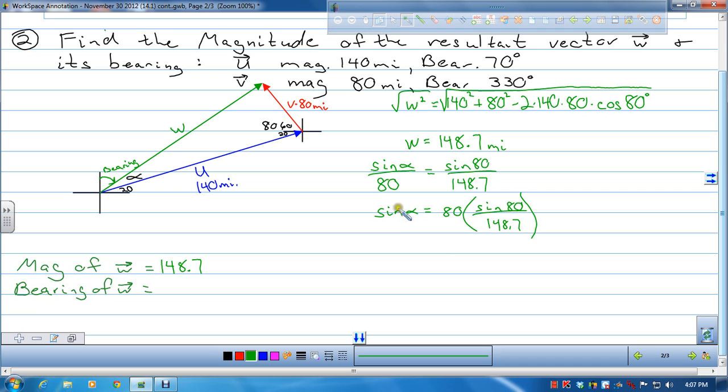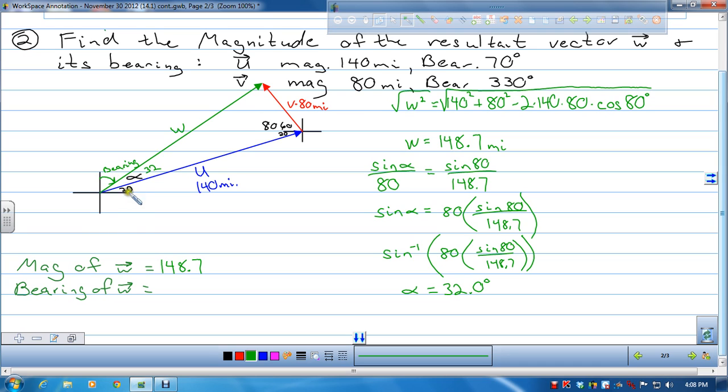As you type this into your calculator, remember I'm looking for alpha, which means I need to use the inverse sine in my calculator. Inverse sine of 80 times sine 80 over 148.7. If you type that in exactly how it's seen, that alpha is going to be 32 degrees.